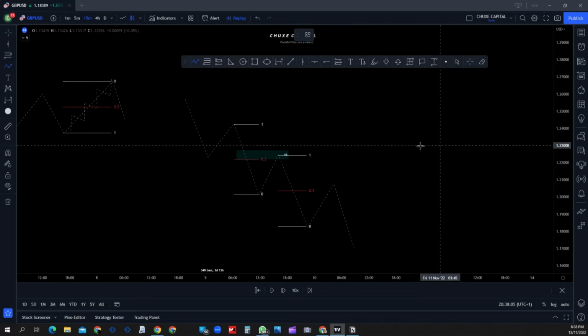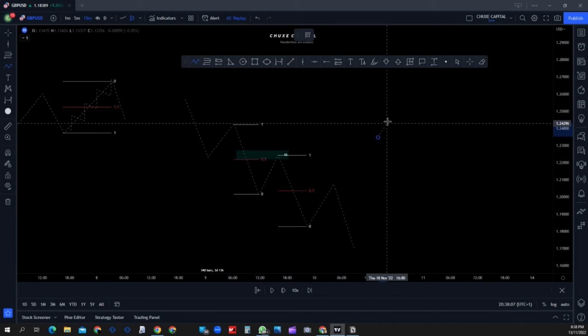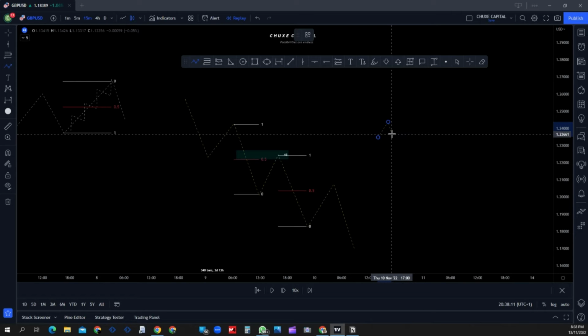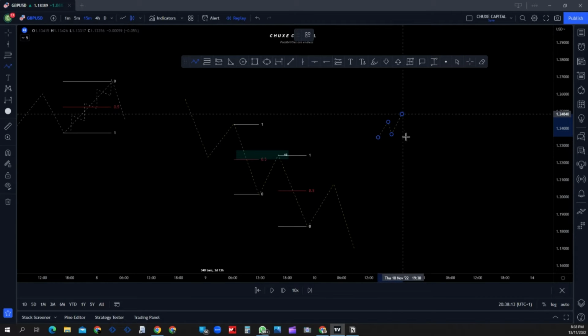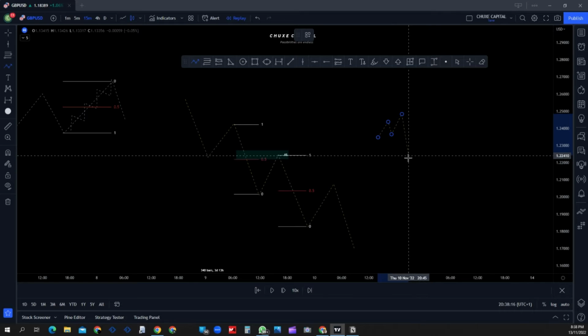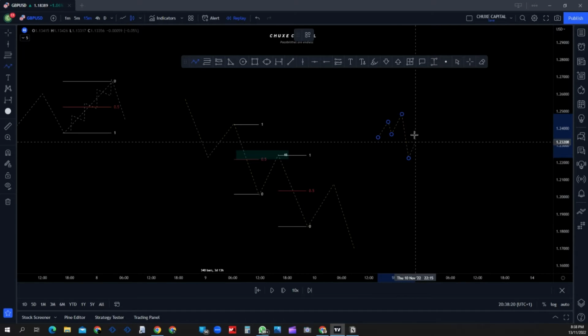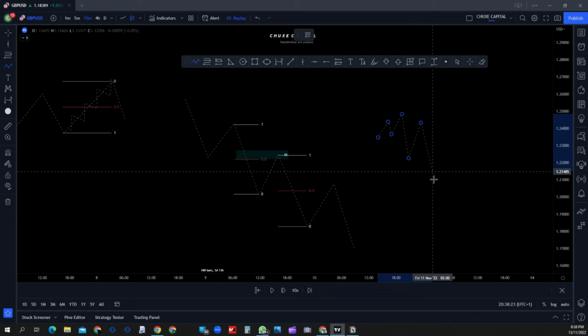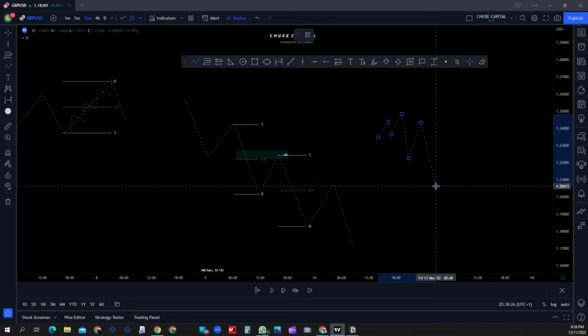For instance, on the 1 minute, we have entry models where we are looking for a chalk. When a chalk happens, we then expect price to come and then go, right?